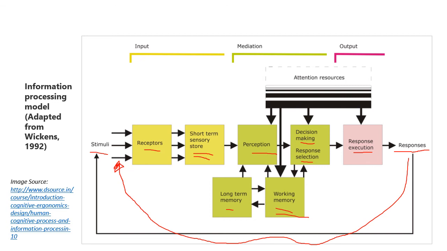Let's take an example of when you are playing a game. With respect to different games, there can be different keys of the keyboard used to evoke different functions. But say for a particular game, key A is used for jumping. This is the instruction which has been given to you: key A for jumping.